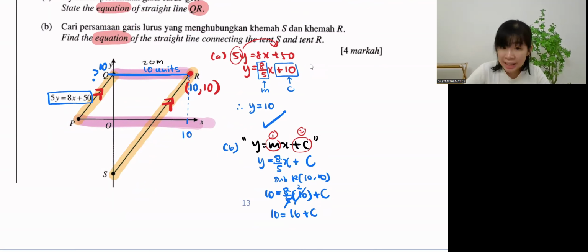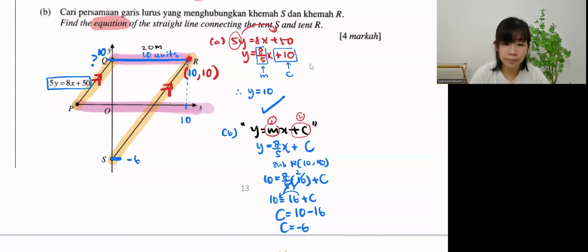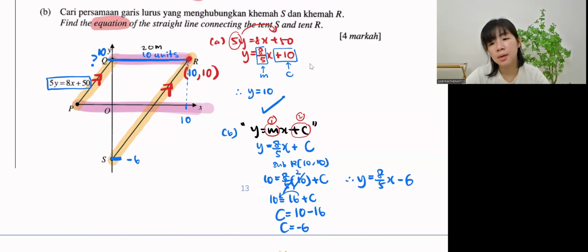If you want to find c, I move this 16 over. c equals 10 minus 16. c equals negative 6. So the y-intercept here is negative 6. Logical? Okay, logic or not? What do you think? If this is negative 6, 0 here, bottom negative 6. Yes. So the answer is y equals 8 over 5 x minus 6.